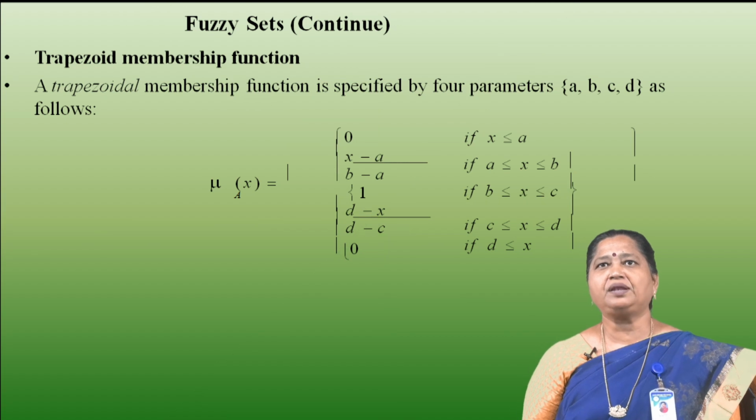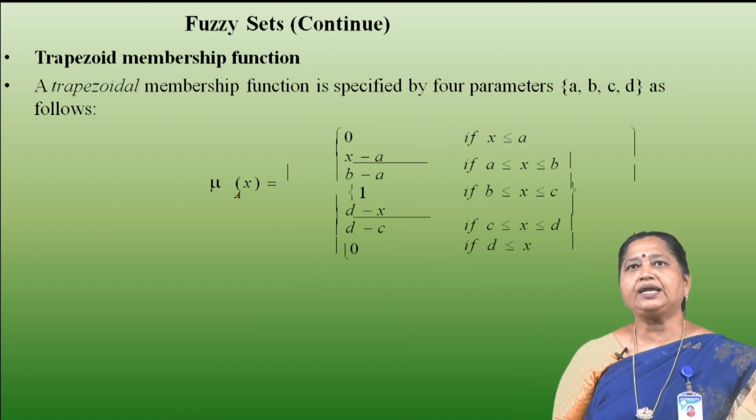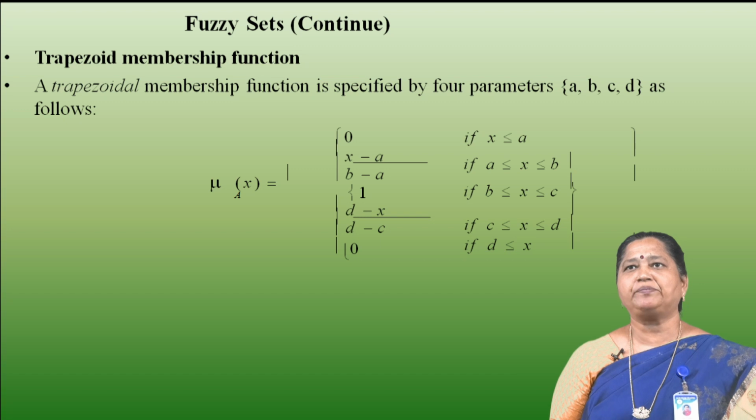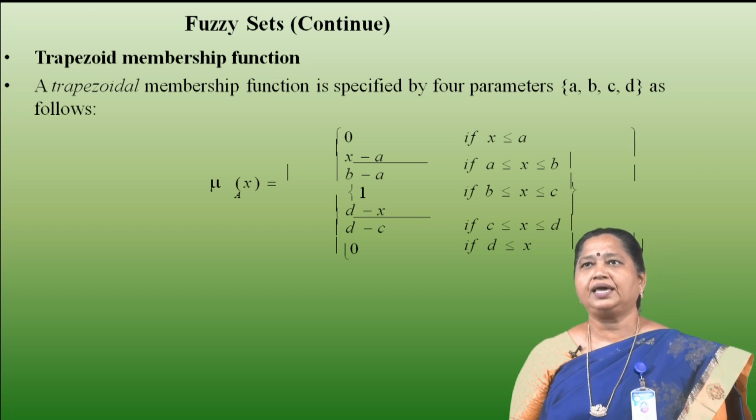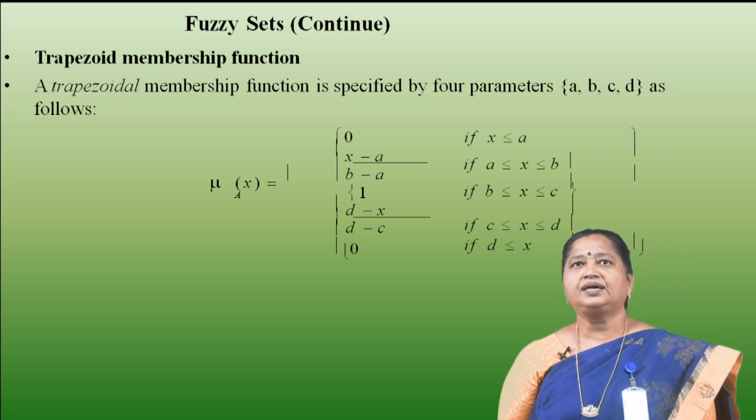Next, trapezoidal membership function. A trapezoidal membership function is specified by 4 parameters a, b, c, d as follows.